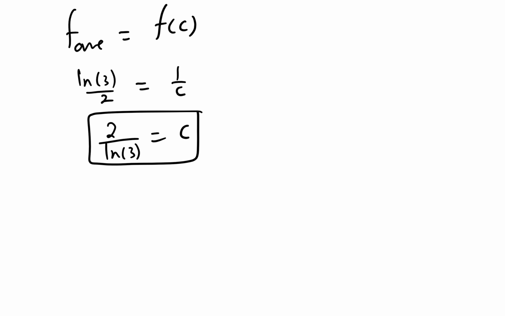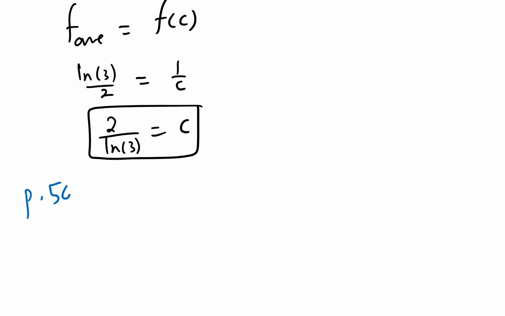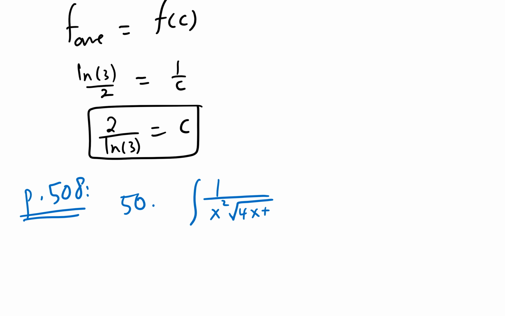Okay, next, on page 508, that's the section where they have miscellaneous integral problems. We're going to do number 50, the integral of 1 over x squared times the square root of 4x plus 1 dx. Or wait, let me not do this one.